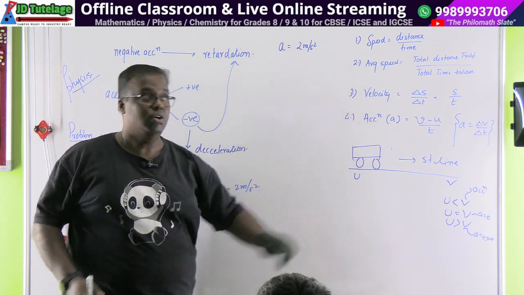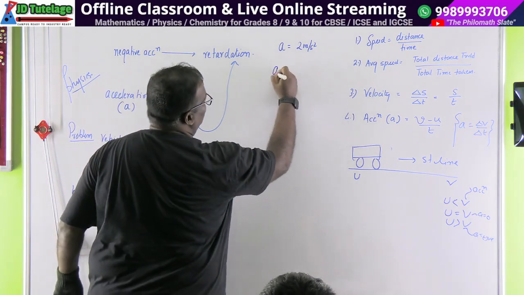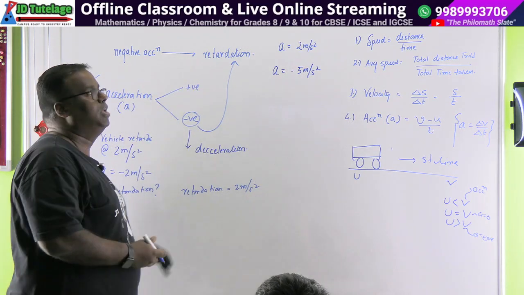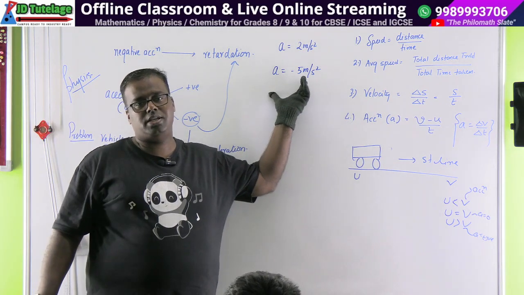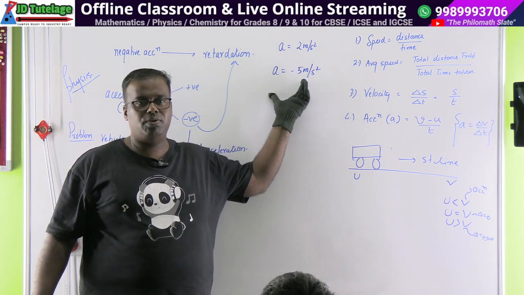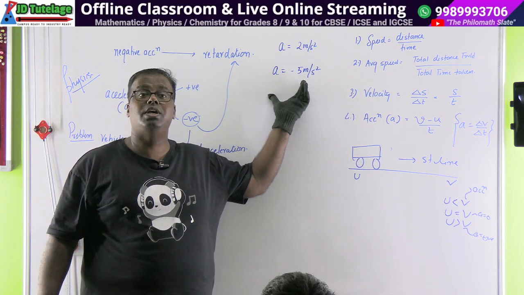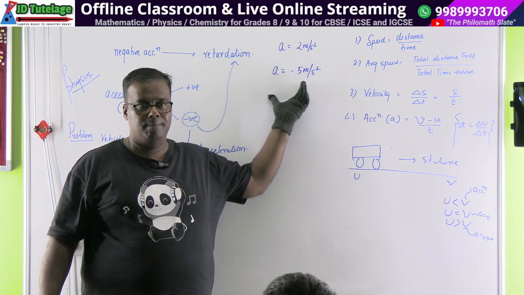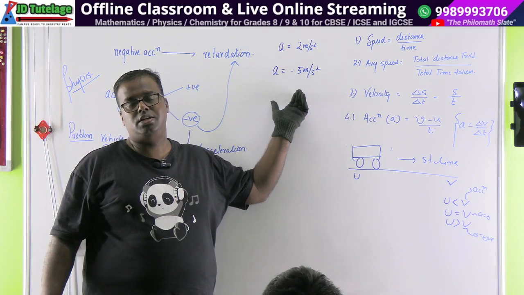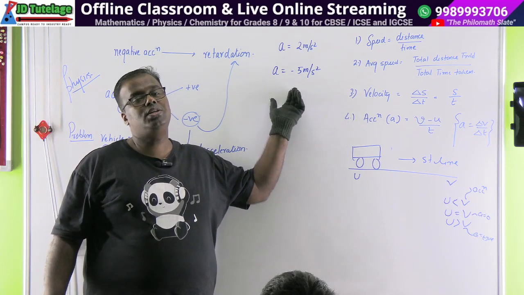Got it? We calculated a problem and we found a equal to minus 5 meter per second square. The question is, calculate the acceleration of the vehicle. How much will we write? The acceleration of the vehicle is negative 5 meter per second square, which means the vehicle is slowing down. Suppose the question was, is the vehicle retarding or accelerating? The vehicle is retarding. What is the retardation of the vehicle?